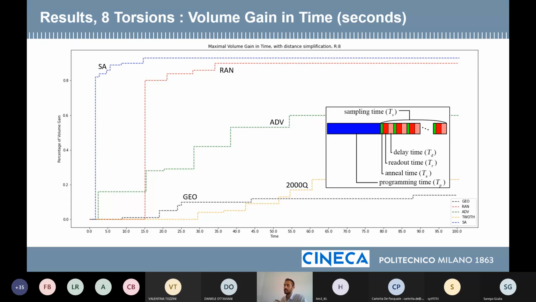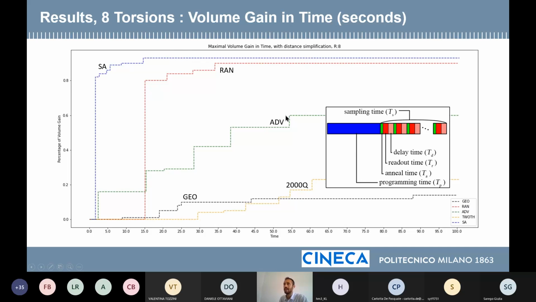In theory each one of the 10,000 lasts 1 microsecond, but then you have other times, like programming time, readout time, and delay time. So you don't just have 10,000 microseconds if you launch 10,000 anneals. You have something that is much higher.